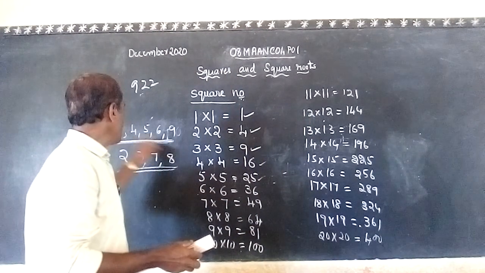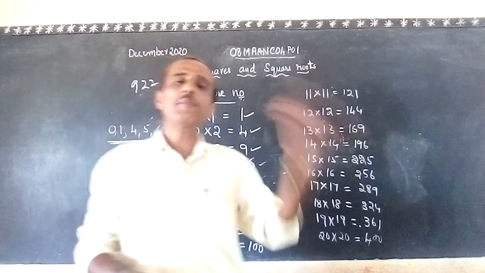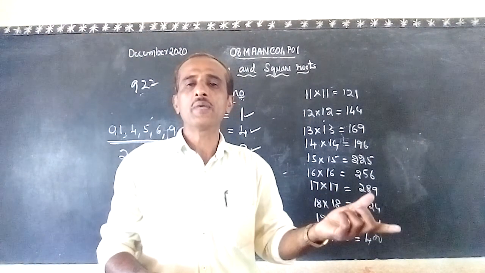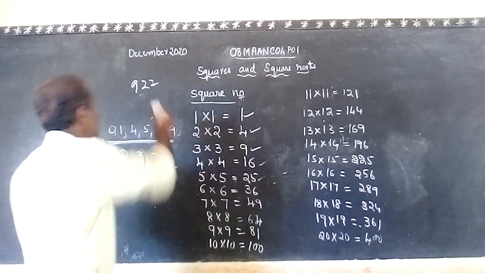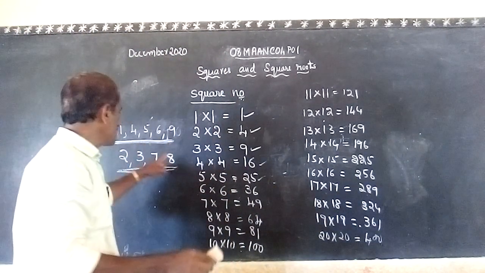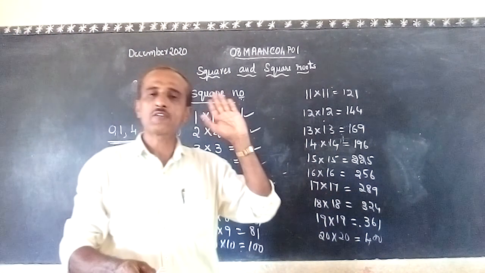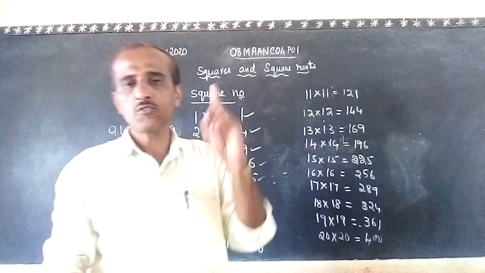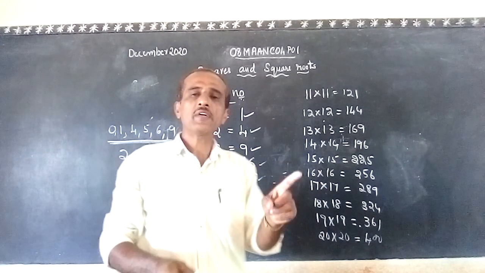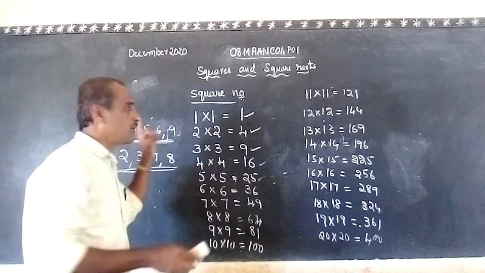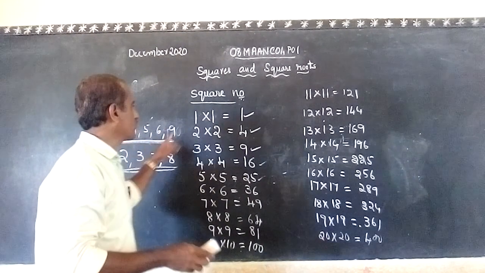But if a number ends with one of the other digits, it may or may not be a perfect square. Therefore, remember, this is one of the main properties: a perfect square always ends with 0, 1, 4, 5, 6 or 9.